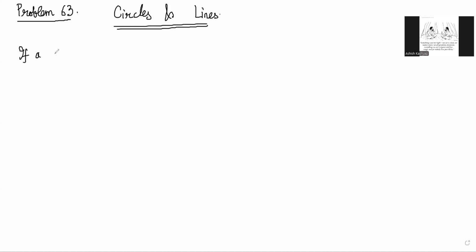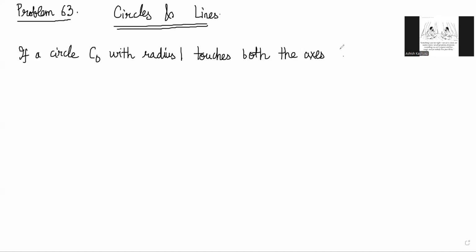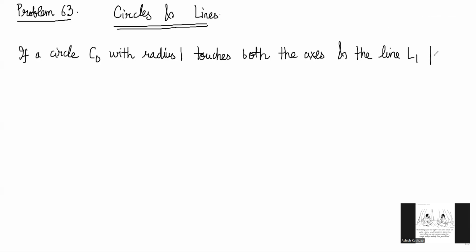So it says, if a circle C naught with radius 1 touches both the axes, and the line L1 passing through P, which is 0, 4, and the circle.